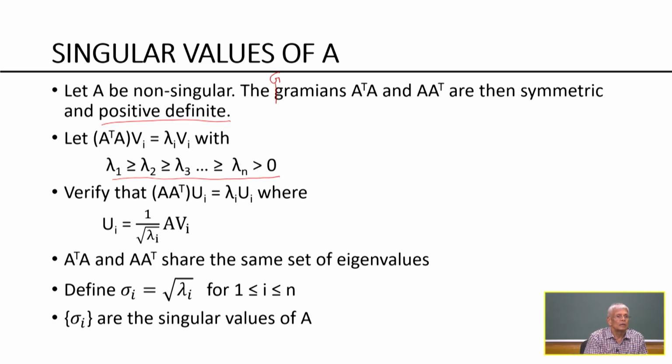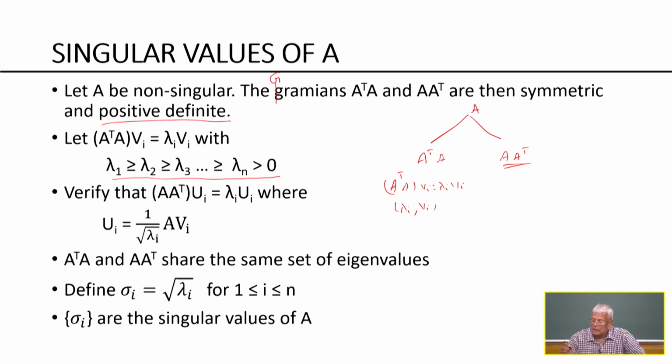With me? Now I would like you to do the following. Look at this now. A transpose A Vi is equal to lambda i Vi. That means lambda i and Vi are the eigenvalues and eigenvectors of the Gramian A transpose A. I would like to be able to find the eigenvalues and eigenvectors of A A transpose.